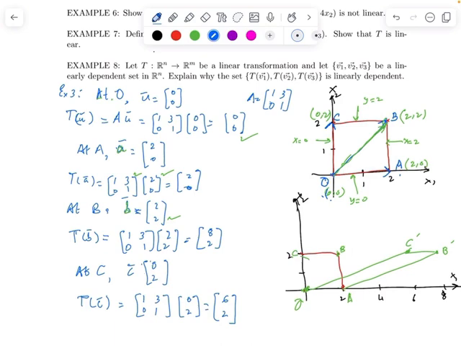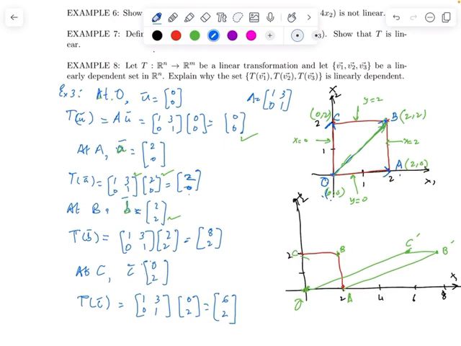When I plug it into the transformation, I get back 2, 0, because I multiply the vector by the matrix. 2 times 1 is 2, plus 3 times 0 is 0, so we get a 2 here. And then 0 times 2 is 0, plus 1 times 0 is 0, so we get 0 in the second place. So the point A stays fixed.